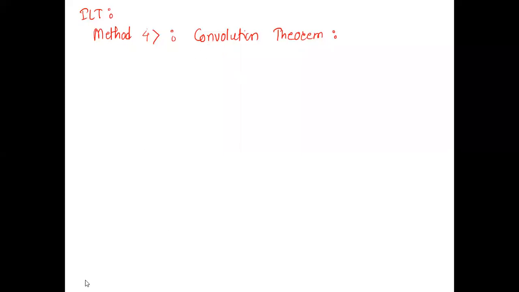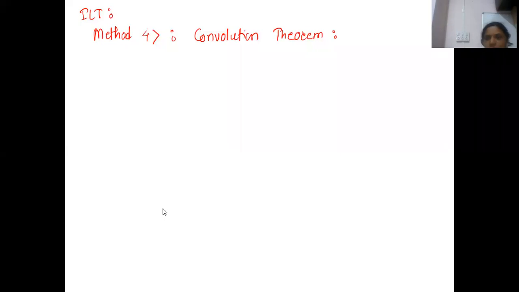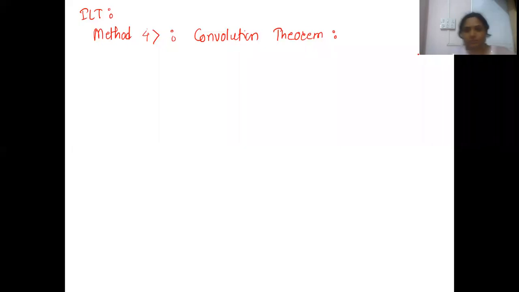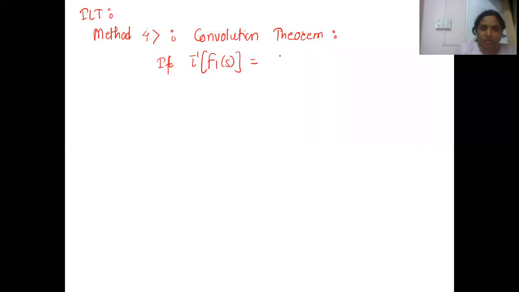So we have started with convolution theorem in the last lecture. The statement is: if f1(t) and f2(t) are two functions, and the Laplace inverse of F1(s) is equal to f1(t), and the Laplace inverse of F2(s) is equal to f2(t).